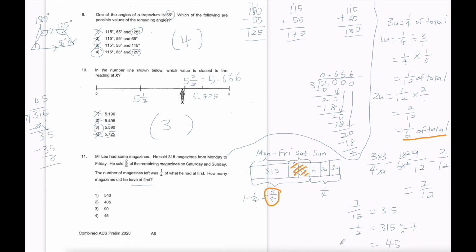Okay, at first it's 12/12, so I need to take 45 times 12. Okay, I'm gonna do the working here. I'm gonna get 540. Okay, so my answer will be option 1. Okay, understanding this part is very important. So yeah, let's move on to question 12.